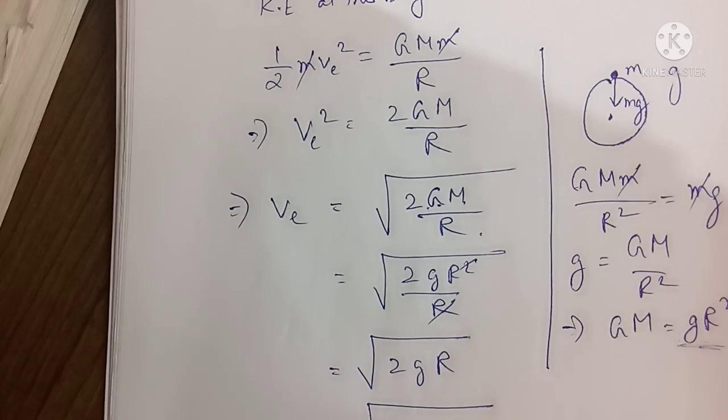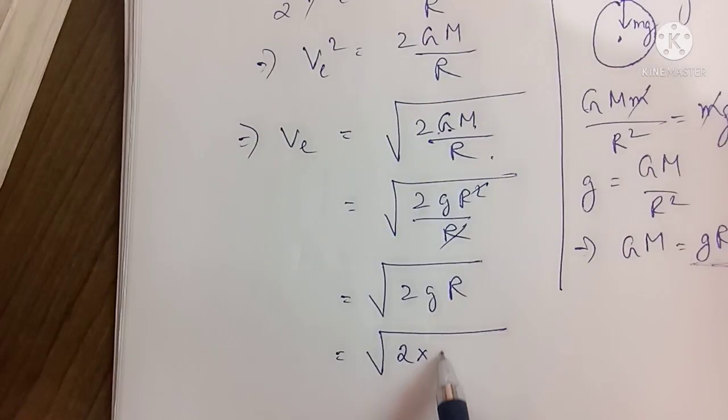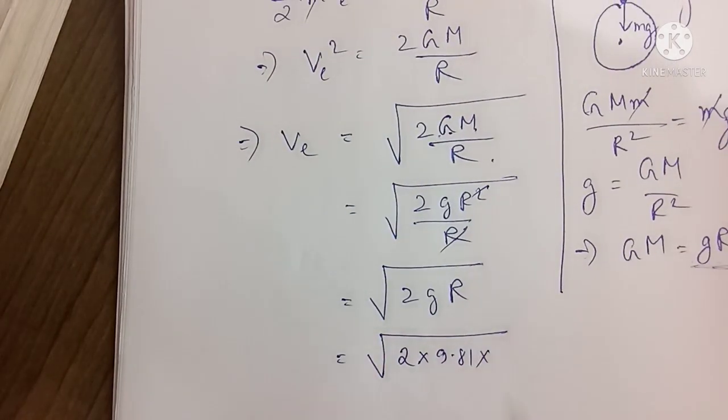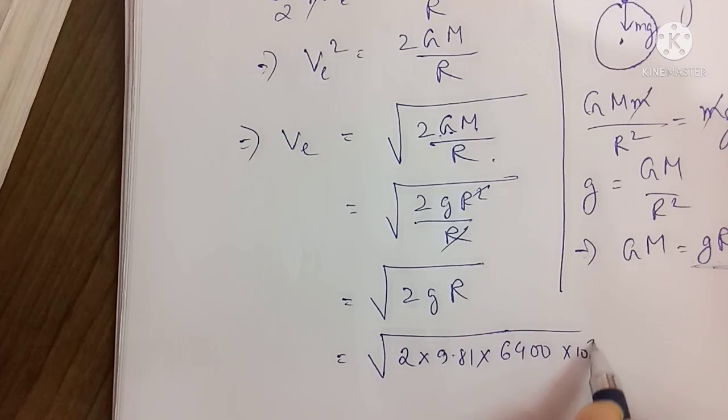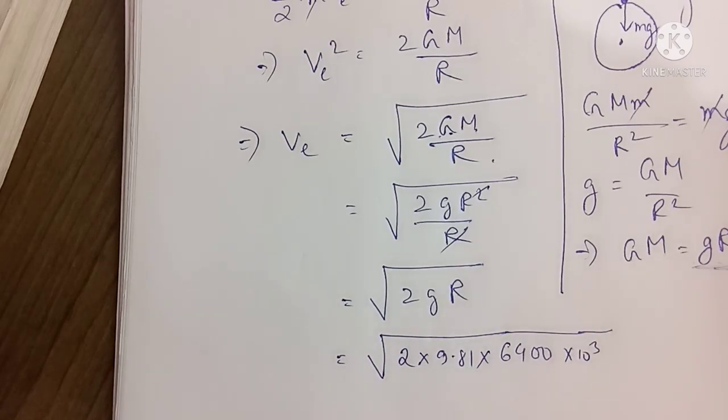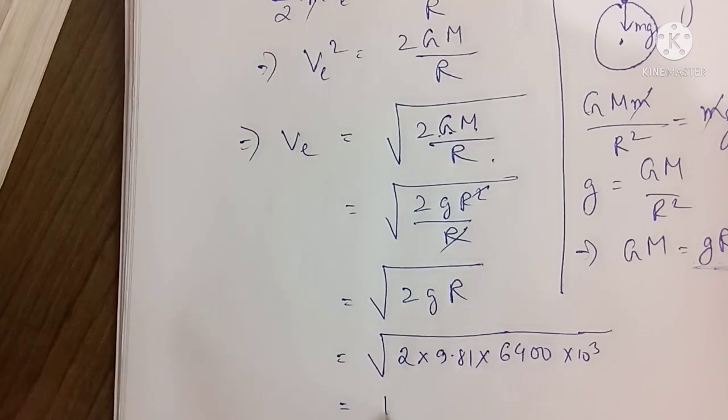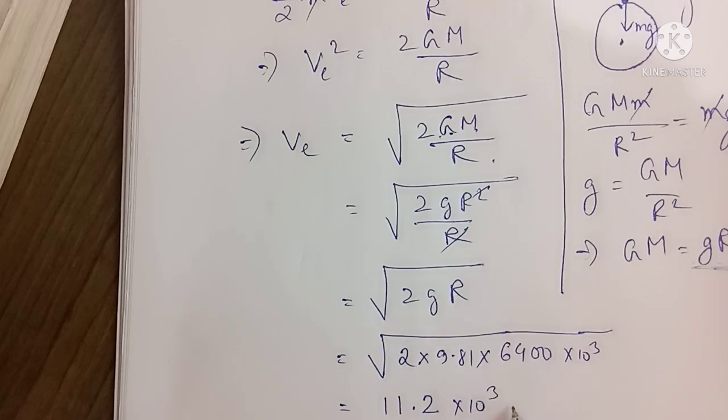For earth it will be 2 into 9.81 into radius of earth, which is 6400 kilometer, so 6400 into 10 to the power 3. If we do this calculation, we'll find it out as 11.2 kilometer per second, or 11.2 into 10 to the power 3 meter per second.